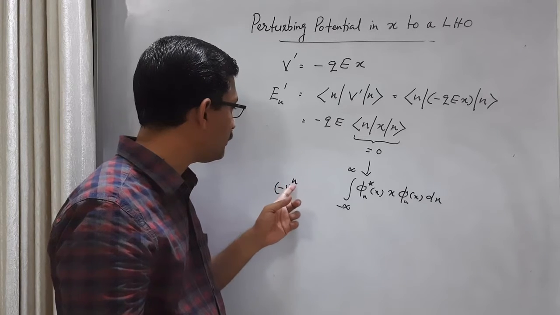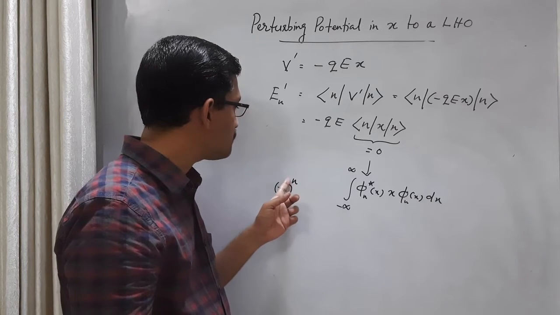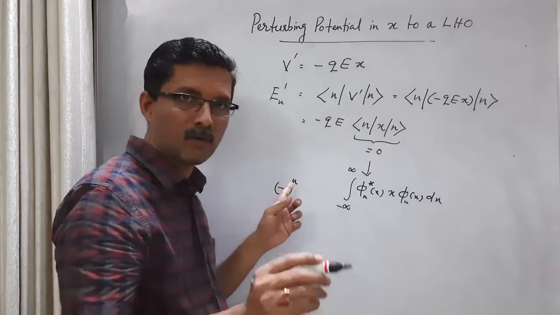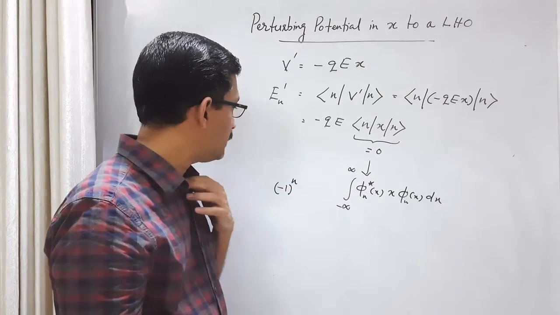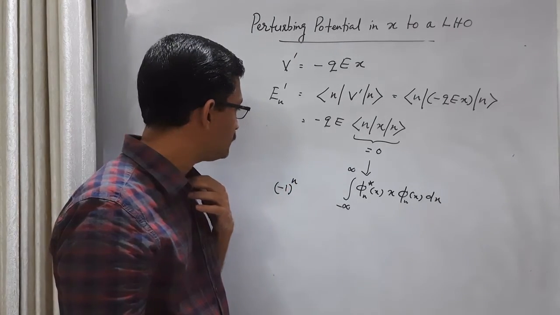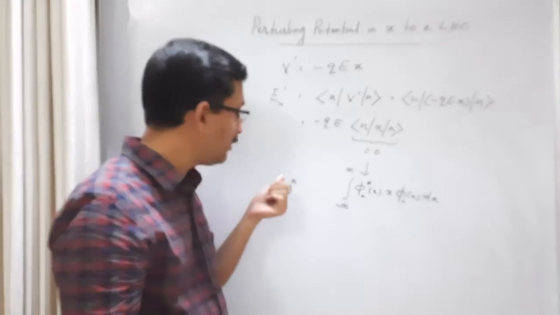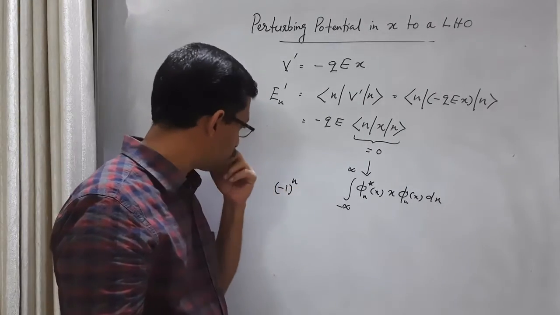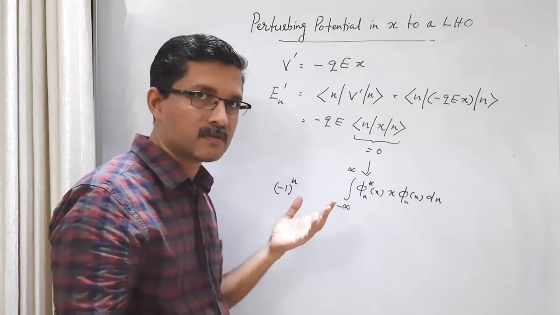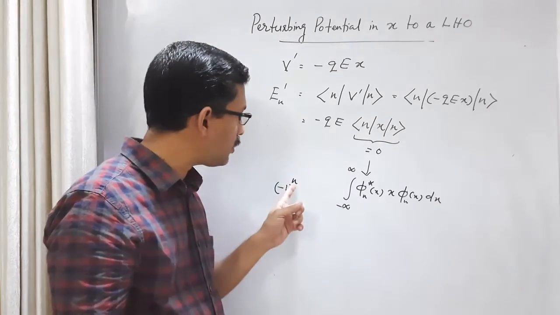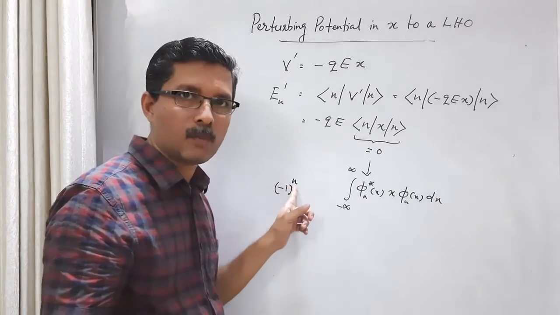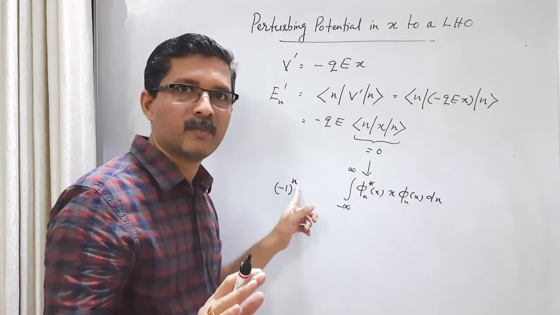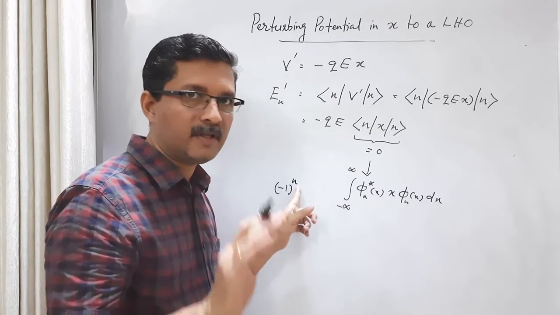An nth order polynomial will have either even powers or odd powers only. If n is odd, the polynomial contains odd powers. If n is even, it contains even powers.